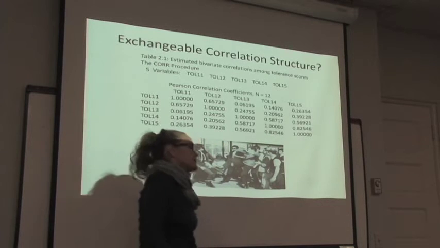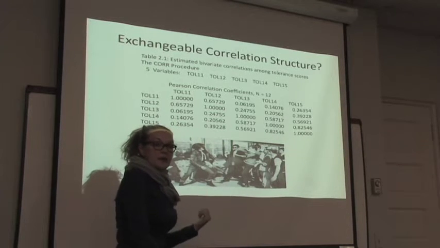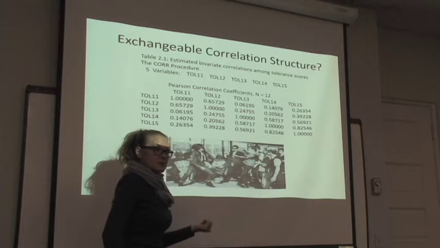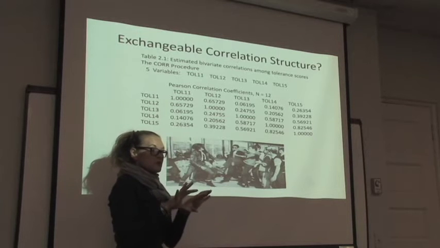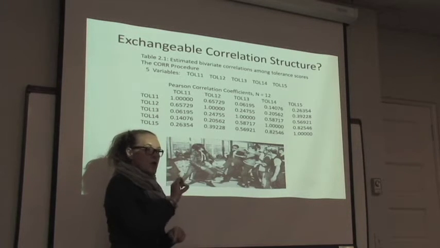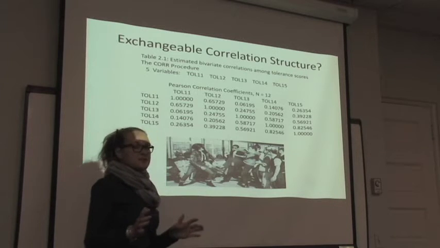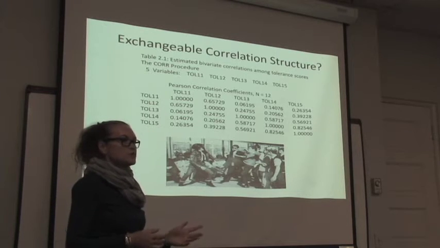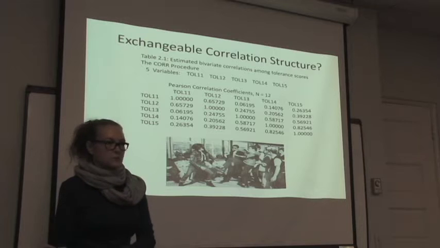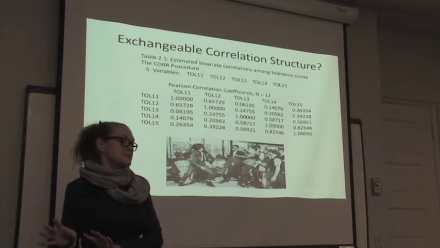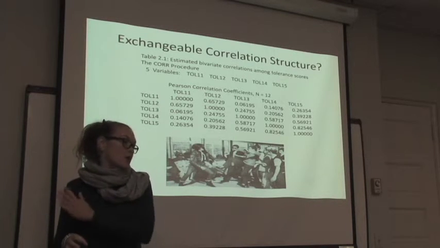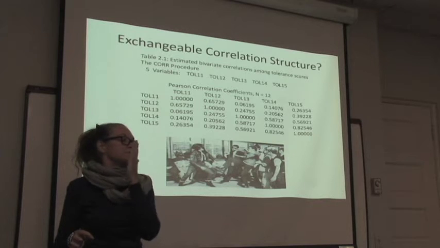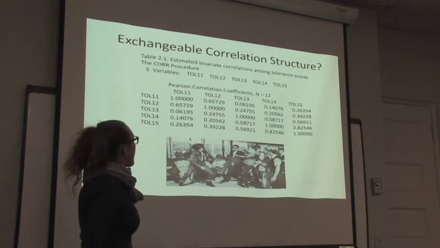No. Okay. And Ron talked about how it's often unstructured. You can specify in the code unstructured, and that's just telling SAS or whatever program you're using, you tell me what you put in the parameter estimates for all of the correlations for the adjacent time points.